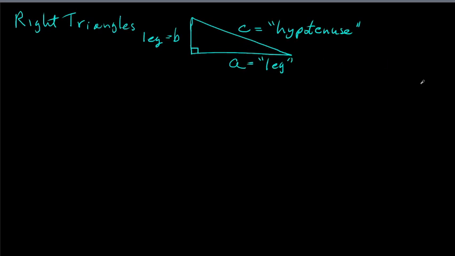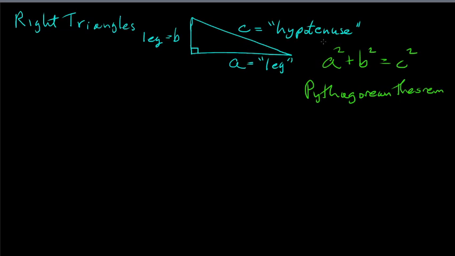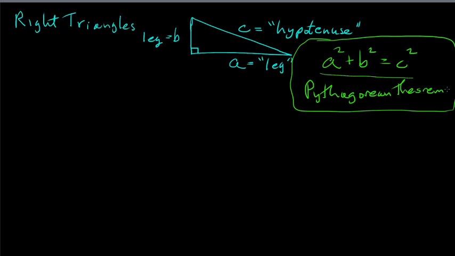Let me write it that way usually. So this is the Pythagorean theorem for right triangles. So if you've never seen this before, well, here it is. And you should know it, right? So this is an equation that we're not going to give you. It's one that you should know.